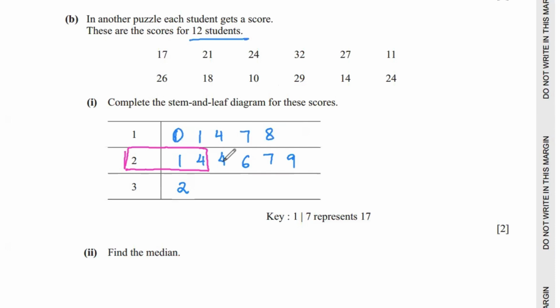And after 24, we have 24, 26, 27, 29, and 32, again 5 values. So 21 and 24 are right in the middle of the data set. So for the median, we find the average between 21 and 24, which is going to be 22.5. So this is your median value. If it was an odd number data set, then whatever value is right in the middle of the data set, that would be your median.